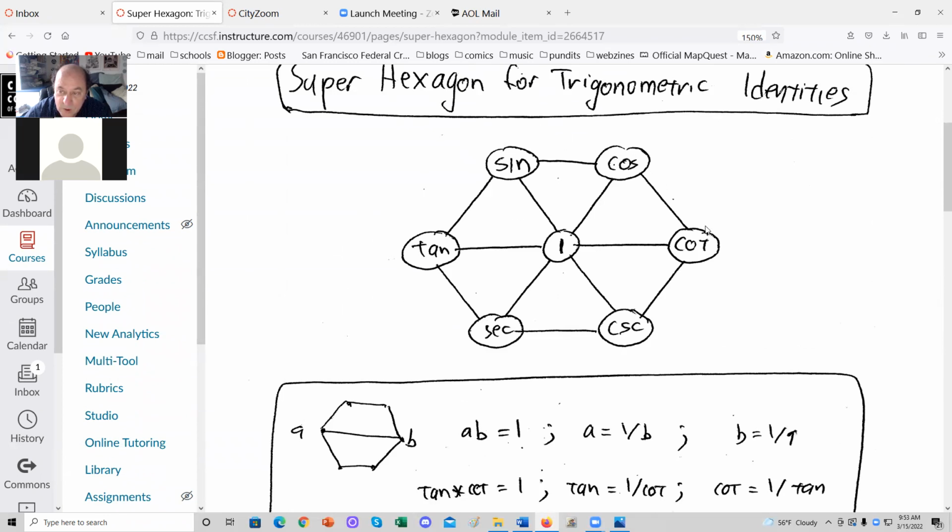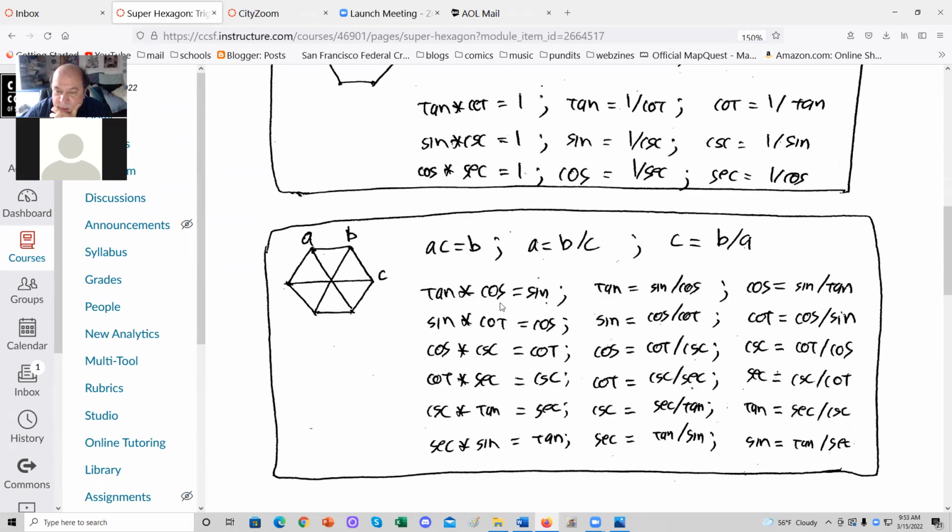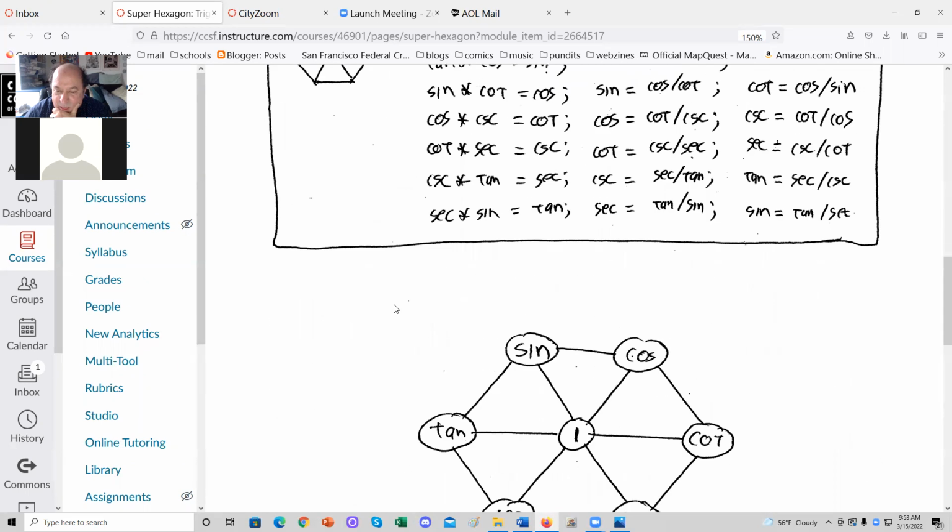Sine equals cosine over cotangent. Cosine equals cotangent over cosecant. Cotangent equals cosecant over secant. Cosecant equals secant over tangent, and secant equals tangent over sine. And conversely, cosine is sine over tangent, sine equals tangent over secant, and so on around the circle the other way around. So you have these multiplication and ratio identities.